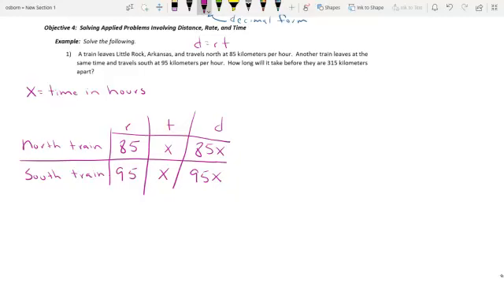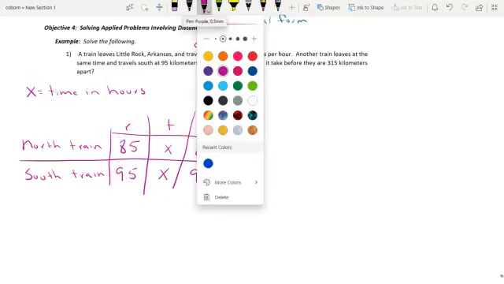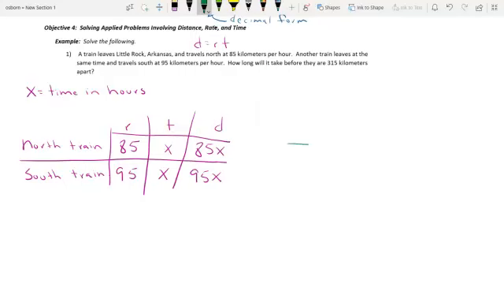All right, so here's where we're going to draw ourselves a little picture to help us visualize what exactly is happening. They are starting from the same point, so we're going to call this the starting point. Now, you've got one that's going south and one that is going north.